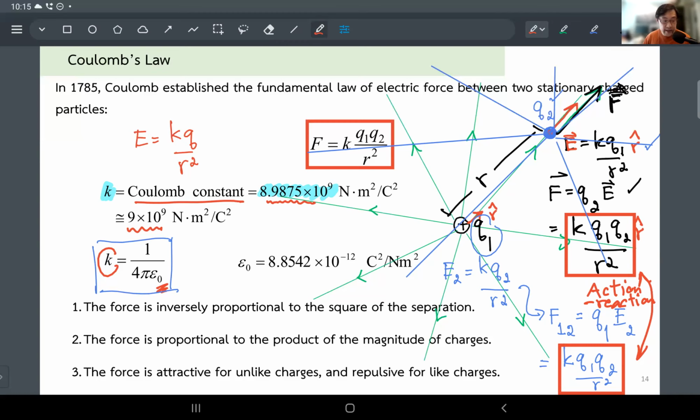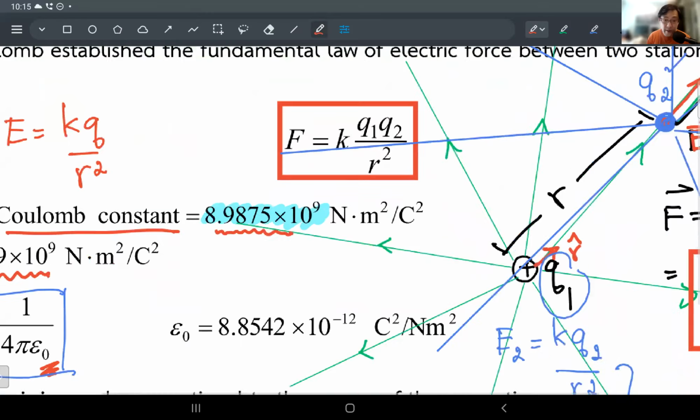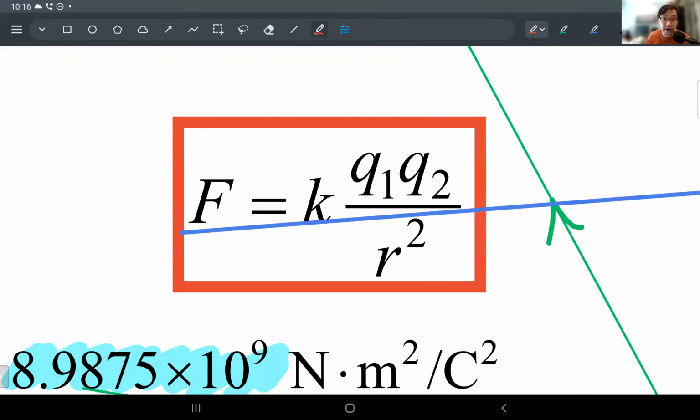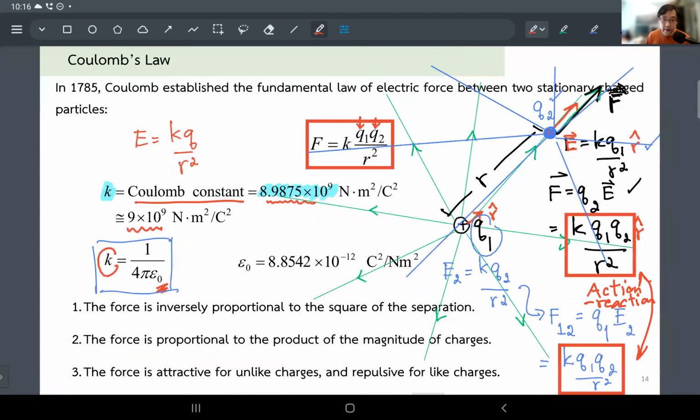And that is the conclusion. Wow. This is the reason why this formula is symmetric. This is the reason why you have a product between Q1 and Q2, because Q1 will exert some force on Q2, and the Q2 will exert some force on Q1. Same amount, according to Newton's third law. Perfect. And that's my conclusion.